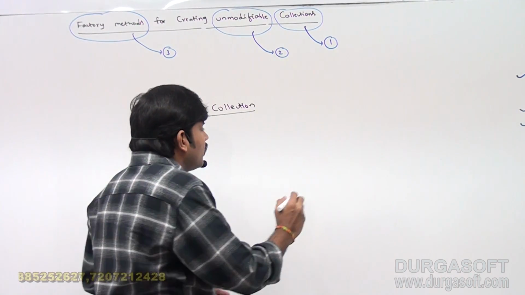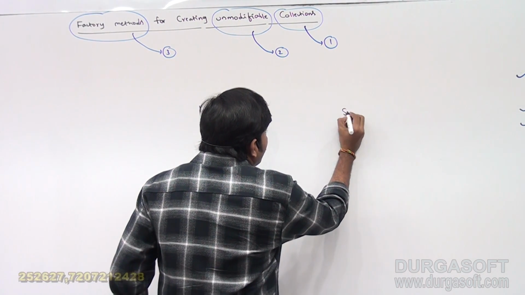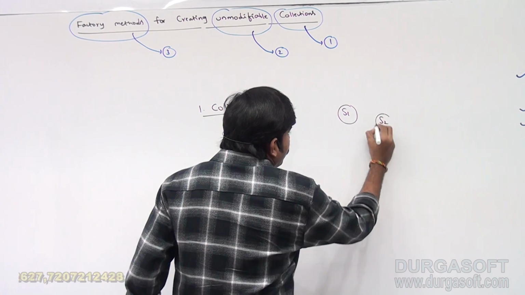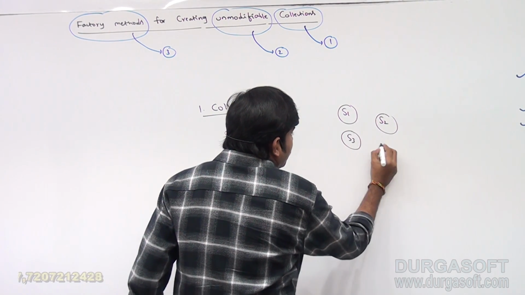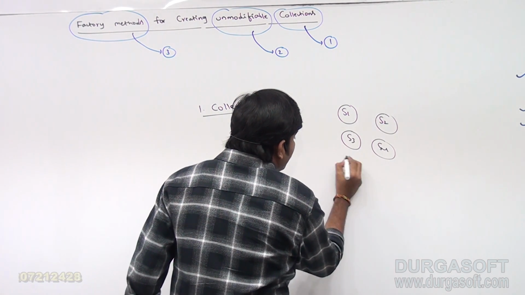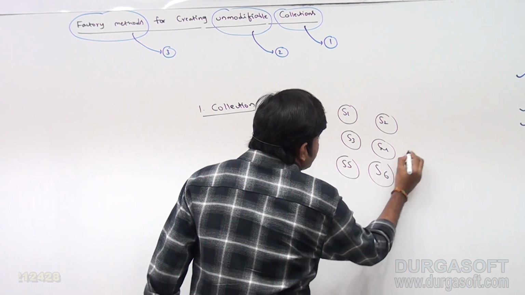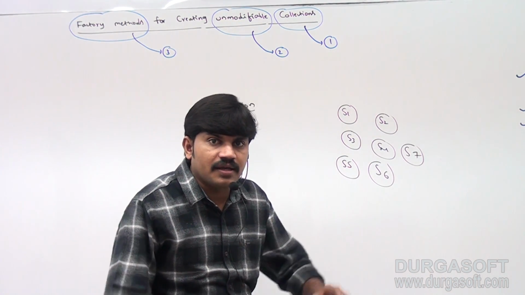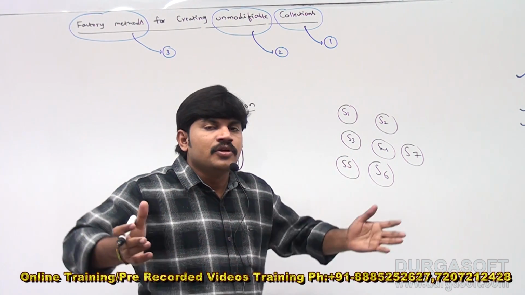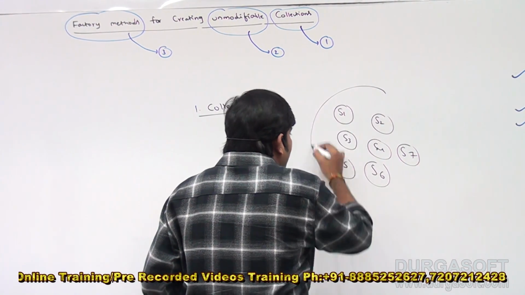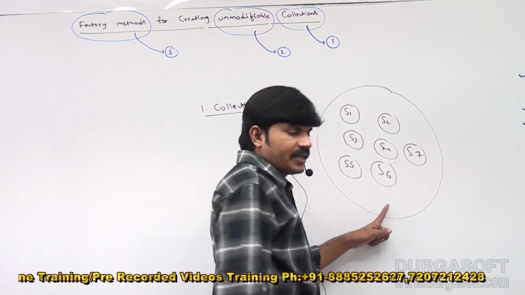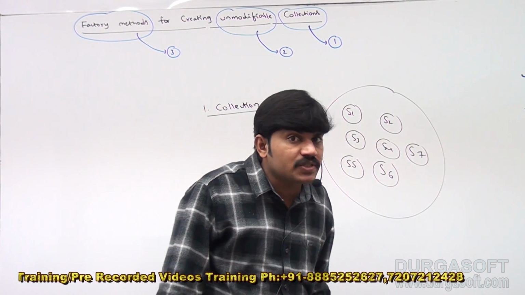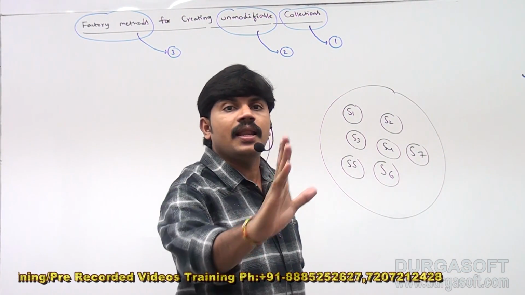Just observe. I have student object 1, student object 2, student object 3, student object 4, student object 5, student object 6, student object 7. I have 7 student objects, and I want to represent these 7 student objects as a single entity.